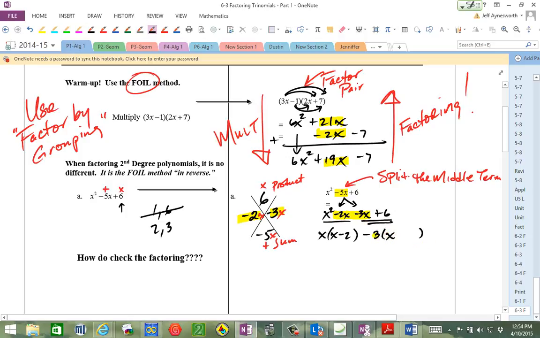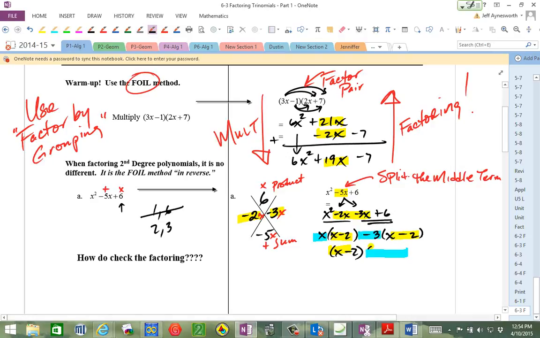Negative 3 times negative 2 will produce positive 6, so you have to change the sign to a minus sign. And in the factoring by grouping technique, you'll see the common factor right here, the x minus 2. That's what we start off with, x minus 2 times the remaining factors, x minus 3, and that goes second.